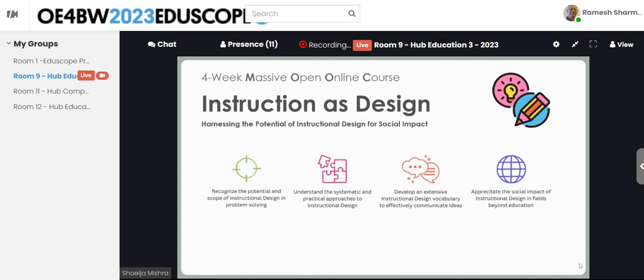So the course goals focus on empowering our learners to recognize the potential and scope of this field in solving the problems around us, and how by understanding the systematic and practical approaches specific to this field, and by developing an extensive field-specific vocabulary so that they can effectively communicate such innovative ideas and designs to the respective stakeholders. Meanwhile, they will also learn to know about and appreciate the social impact that instructional design is creating in fields beyond education and across all SDGs.